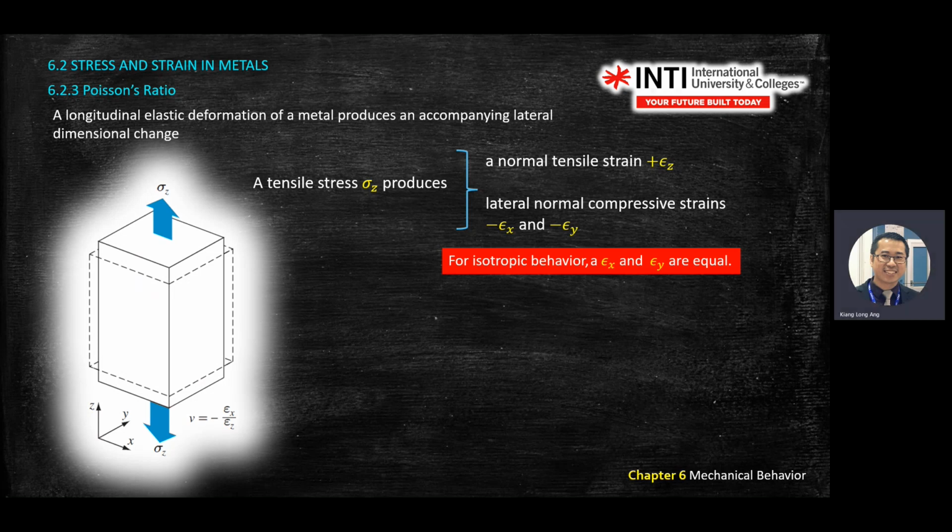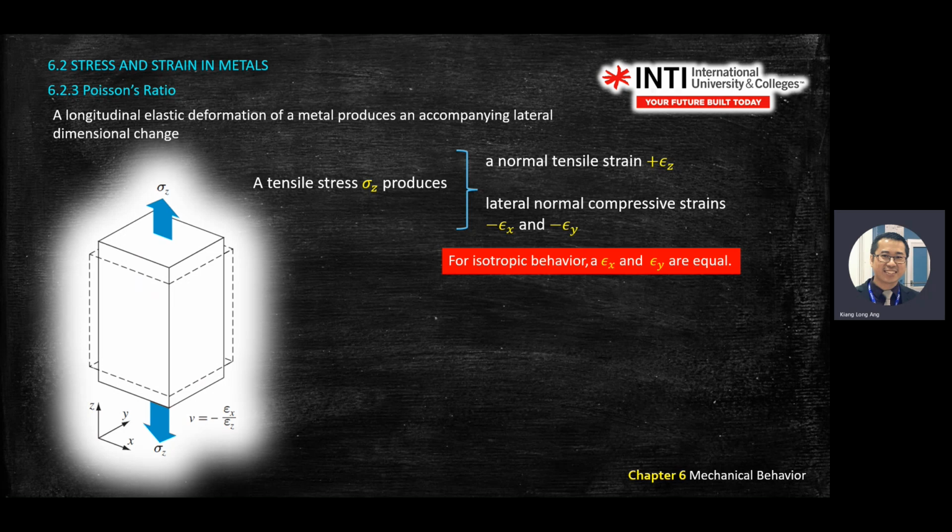So meaning you only need to find one of the elongation or deformation, either in the X or Y direction, then it will equal the other one. This is X and Y only, meaning the side of the object, but the longitudinal doesn't change.